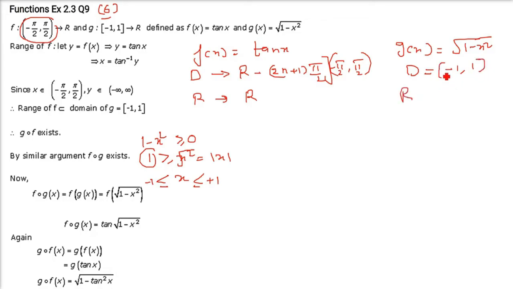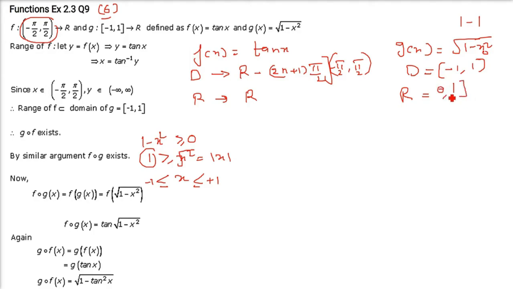When you put negative 1 and 1, you get 0, so this is the minimum value. And what is the maximum value? When x is 0, you get 1. So 0 to 1 is the range.